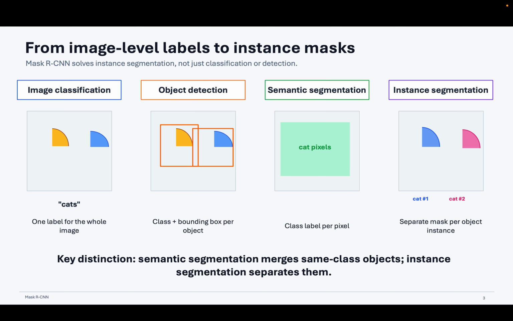But segmentation normally does not separate different objects of the same class. If two cats touch each other, they may both just become cat pixels. Instance segmentation combines detection and segmentation for every object instance. The model predicts a class, a bounding box, and a separate mask. This is the task Mask R-CNN was designed for.